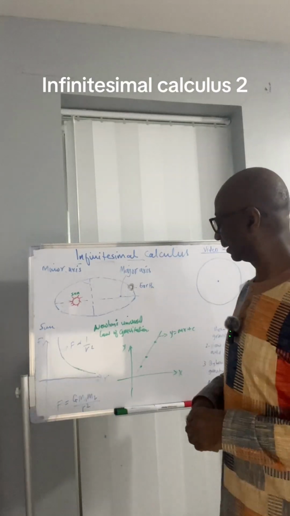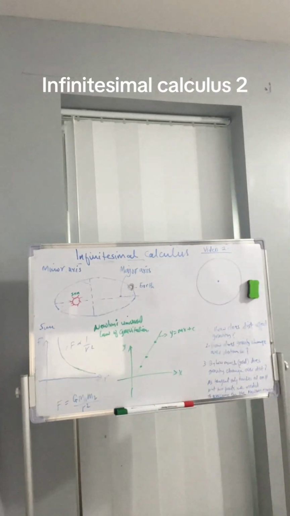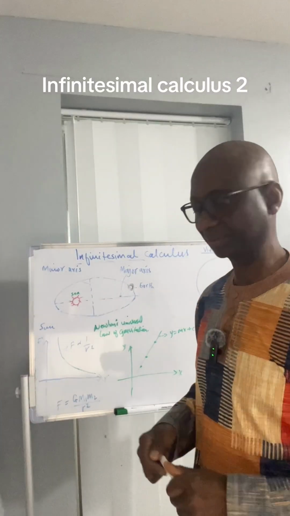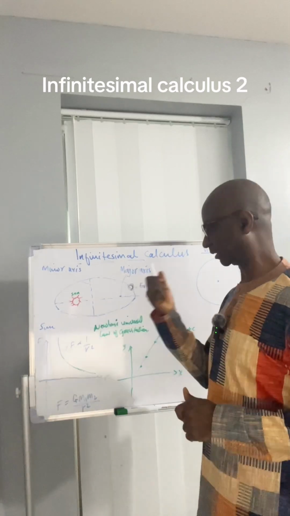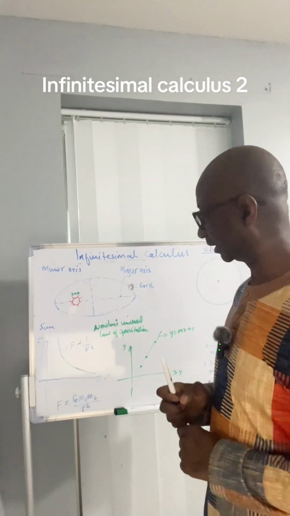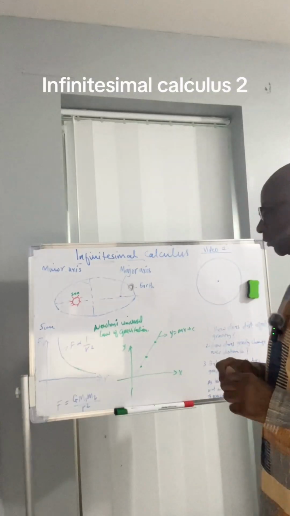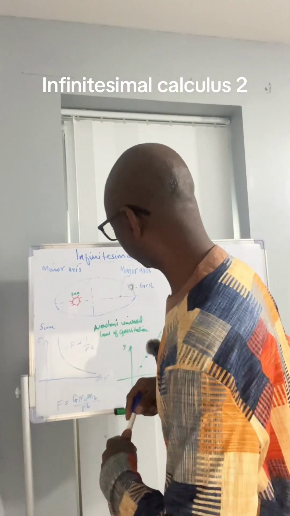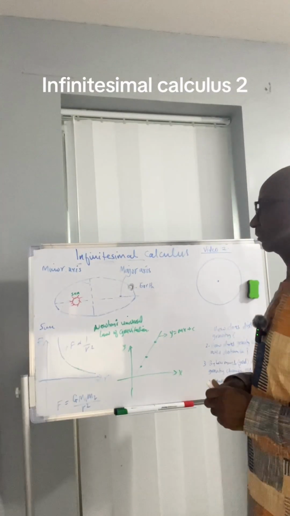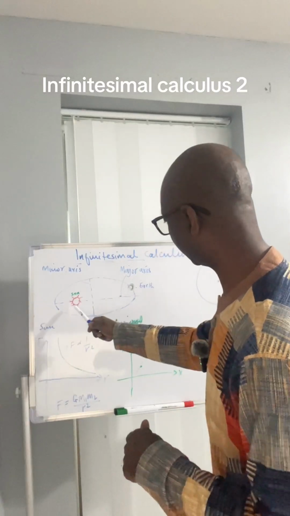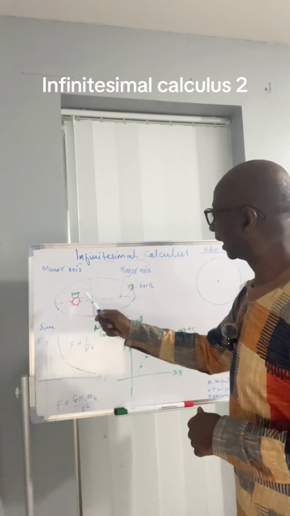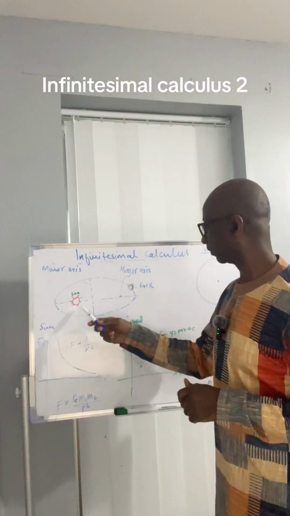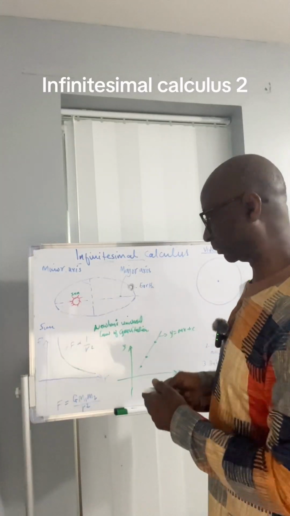He formulated his universal law of gravitation, which states that every object attracts every other object with a force which is directly proportional to the product of the masses of the two objects, and inversely proportional to the square of the distance between them.